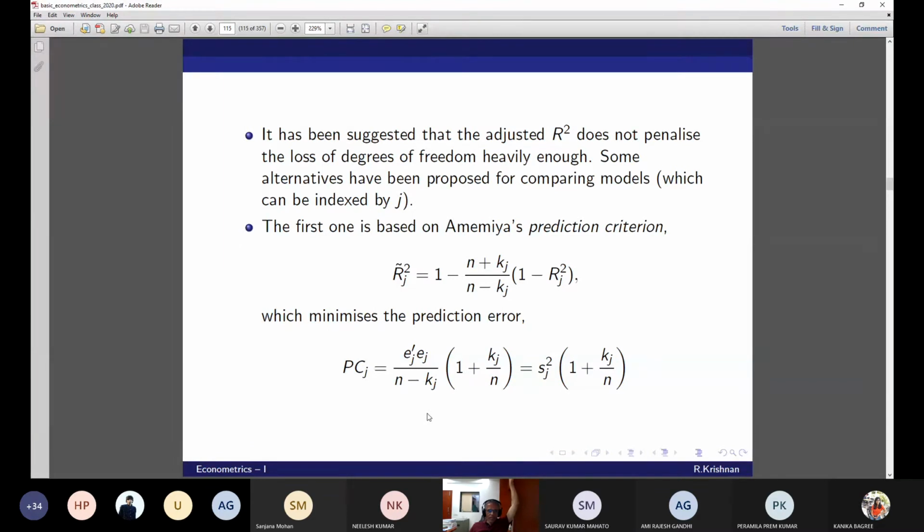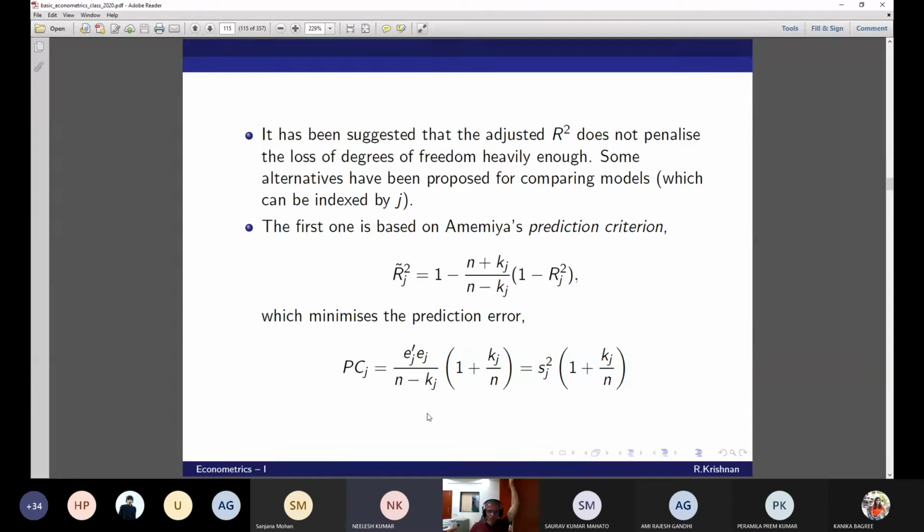This is now called R tilde square. You can calculate adjusted R square this way, and this is going to tell you whether the addition of the sixth explanatory variable has improved your goodness of fit or not, at the same time penalizing you for adding that extra variable. That's exactly what it tells you.